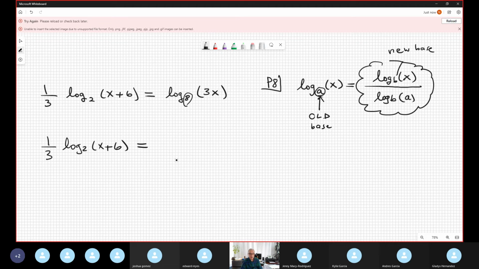Now in the formula we have a fraction, and we have logarithm base 2 because the new base needs to work nicely with the same base as the left-hand side. All the expression is the same, in this case 3x. The formula says x alone, but actually my problem is 3x, divided by logarithm base 2 of a.